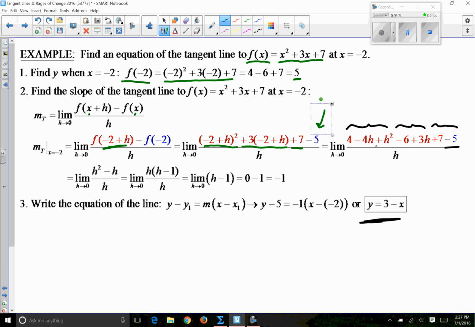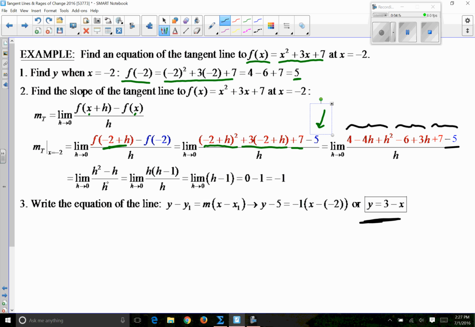Then combine like terms. 4 minus 6 plus 7 minus 5 is 0. And negative 4h and positive 3h is negative 1h. And don't forget the term that has h squared. So after combining like terms, all of this red and blue turns into h squared minus h. We still have over h.